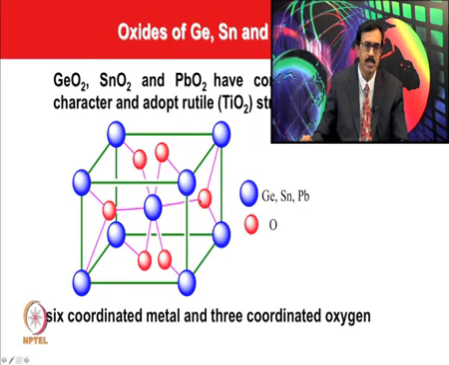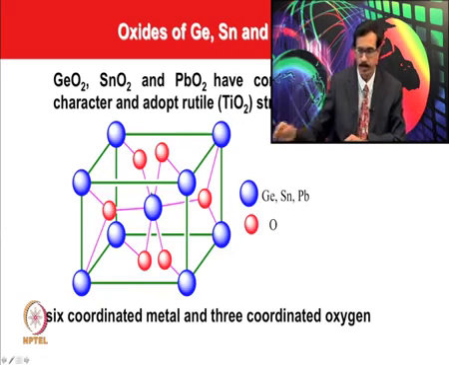Oxygen is 3 coordinated, whereas these group 14 elements are 6 coordinated. Of course, here I have not shown all the 6 coordination, but you can see this central atom is connected to 6 oxygen atoms in an octahedral fashion.